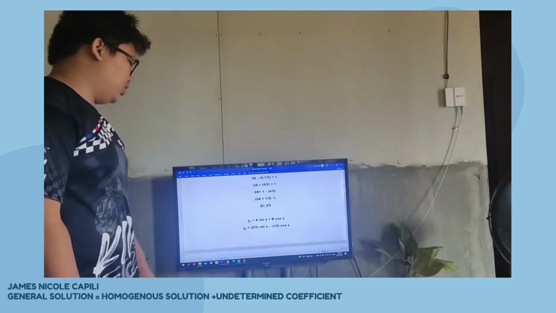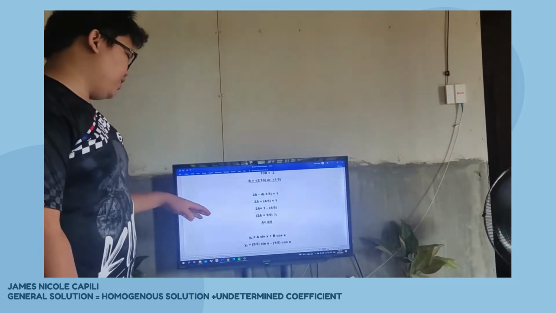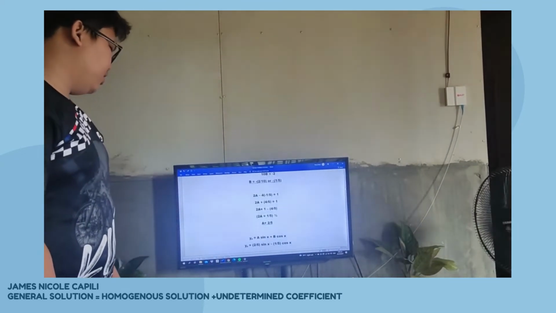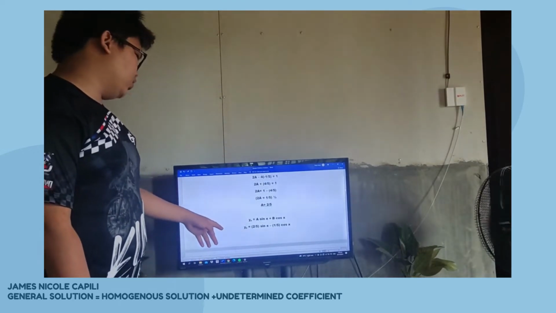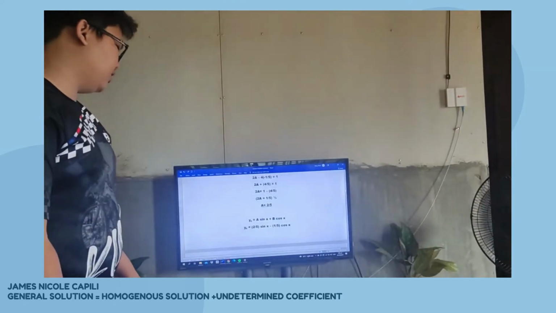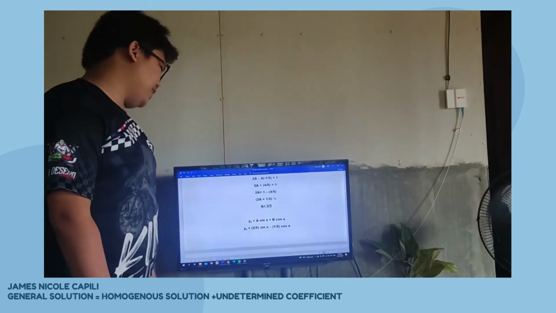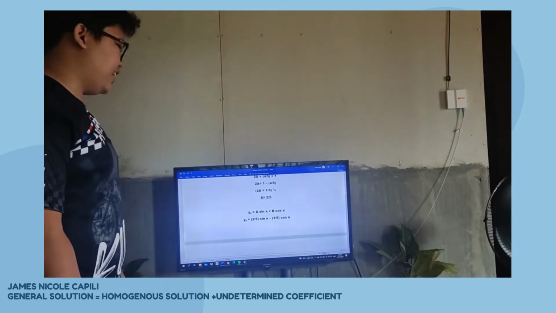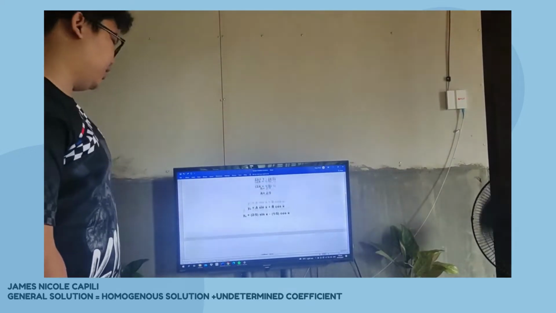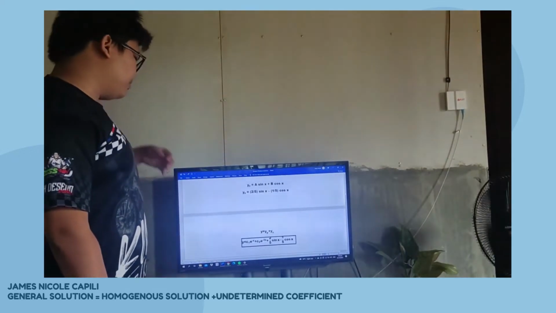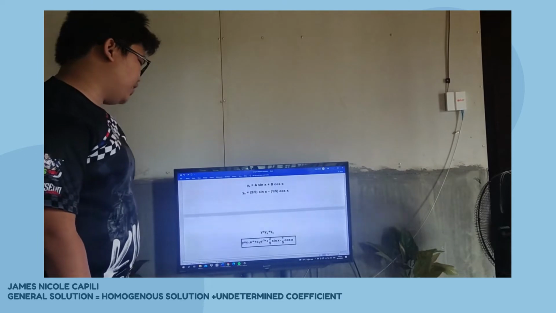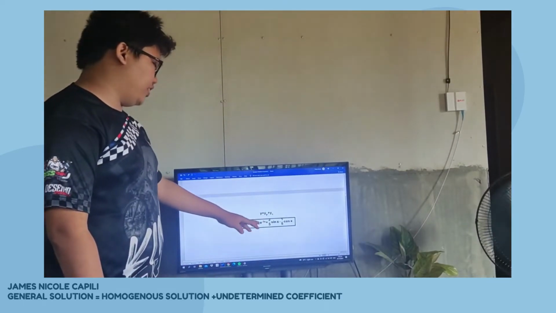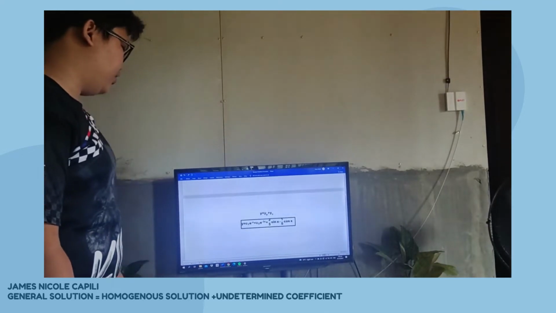Then, substitute the values of a and b in the assumed particular solution. So, yp is equal to a sin x plus b cos x. Then, the value of yp, or the particular solution, is 2 over 5 sin x minus 1 over 5 cos x. Then, to get the general solution, we must add the particular solution and the complementary solution.